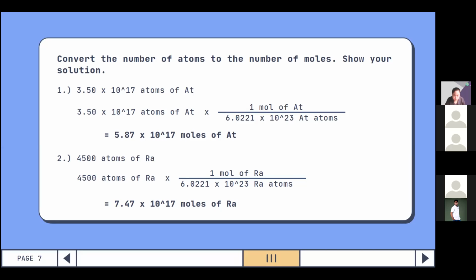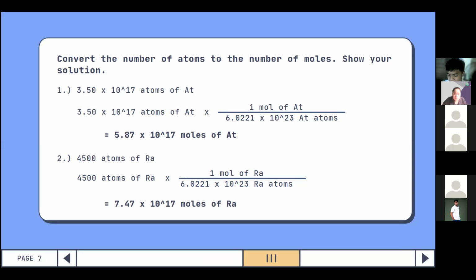Number 1, given 3.50 times 10 to the power of 17 atoms of astatine. Solution: 3.50 times 10 to the power of 17 atoms of astatine multiplied by 1 mole of astatine over Avogadro's number 6.0221 times 10 to the power of 23 atoms equals 5.87 times 10 to the power of 17 moles of astatine.